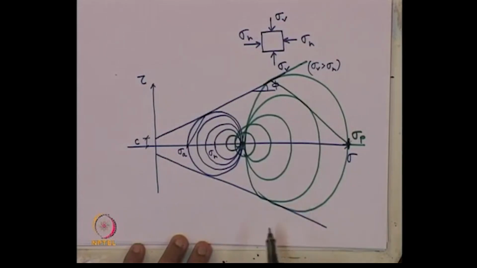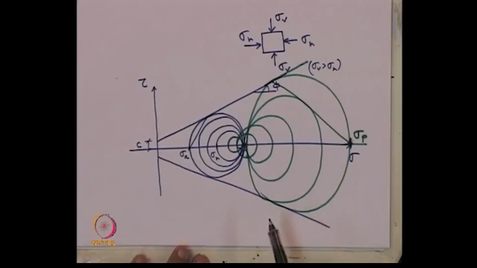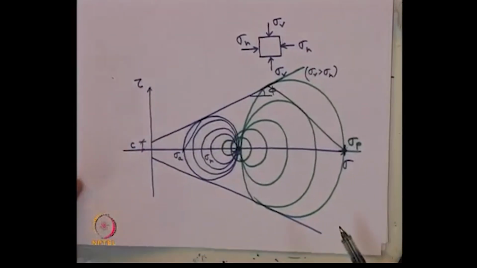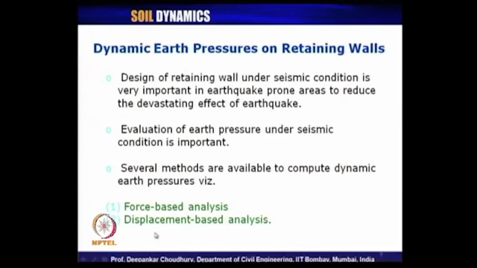These are the basics of finding out the earth pressure at active condition, at passive condition, and their corresponding failure plane inclinations. Now, these are by considering different amounts of displacement, which can be classified as displacement based analysis, as I have mentioned here in this slide. So, for the dynamic case also we can do either force based analysis or displacement based analysis.